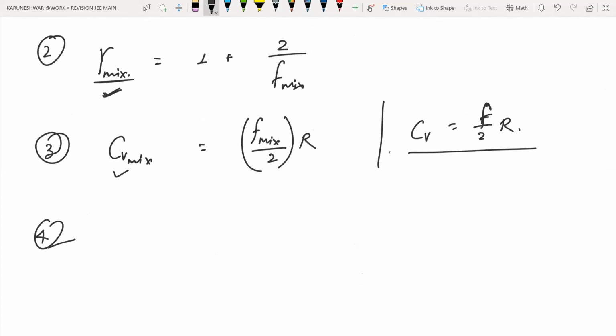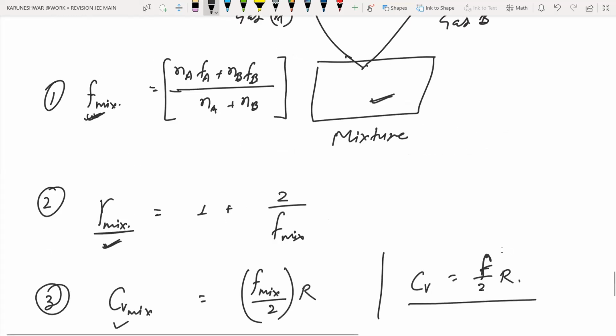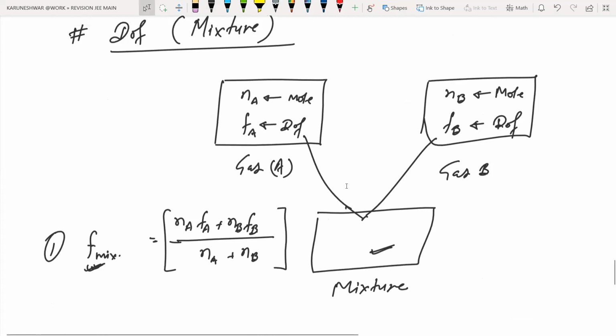And then the fourth relation is CP mixture. Once you have CV mixture, you can easily calculate that CV mixture plus R will be CP mixture.